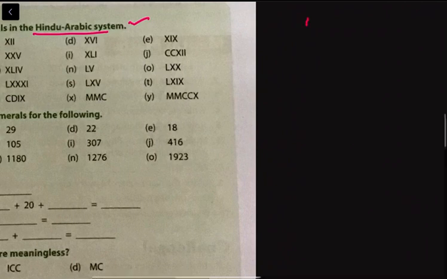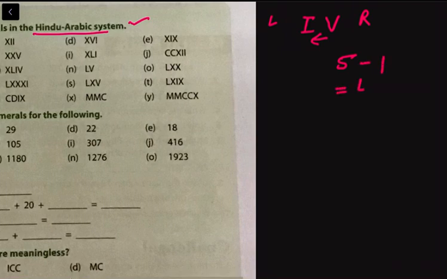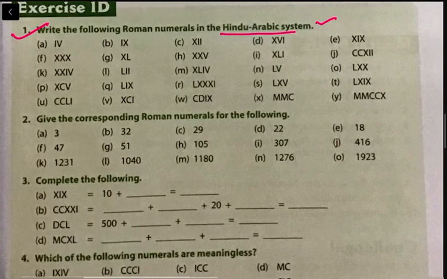Let us understand. IV. I is on the left hand side of V. We know V stands for 5, and because I is on the left hand side, 5 minus 1 equals 4.